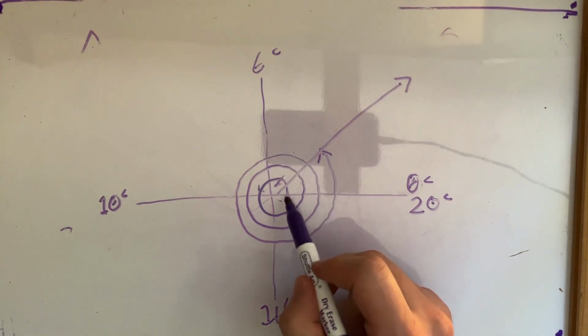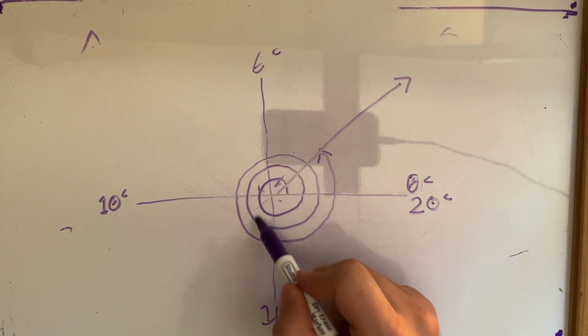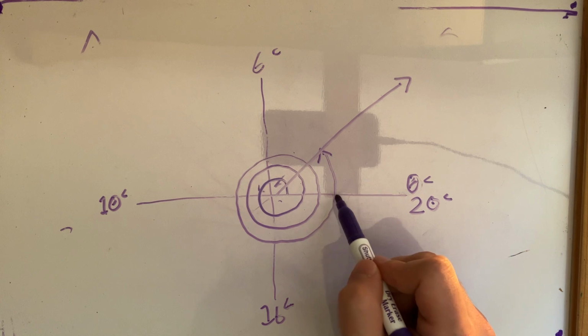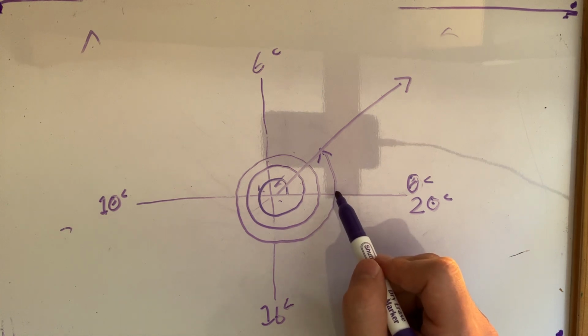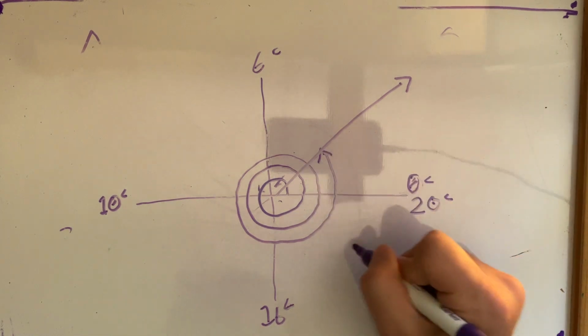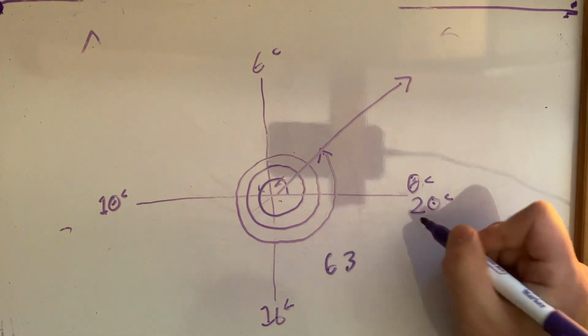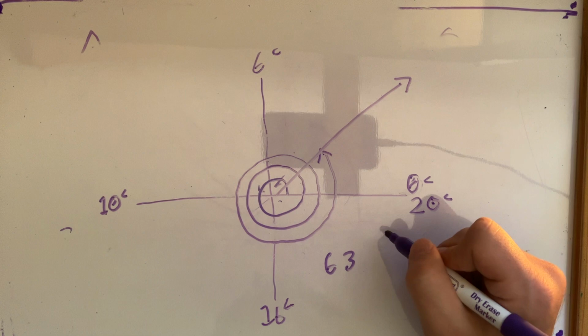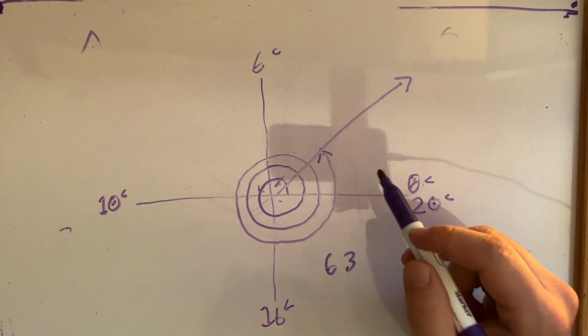So this angle would go around once, twice, thrice. So it'd be 3 times 20, which is 60, right? So this would be like 63. Well, think about it.